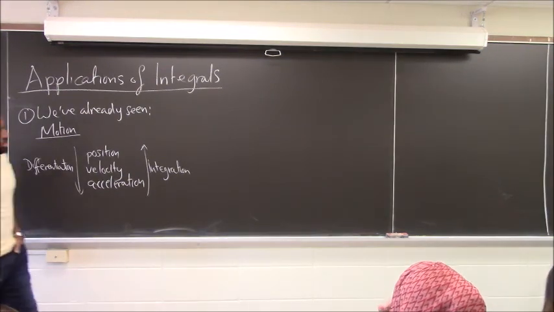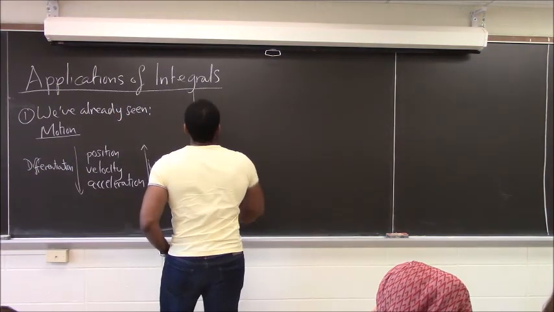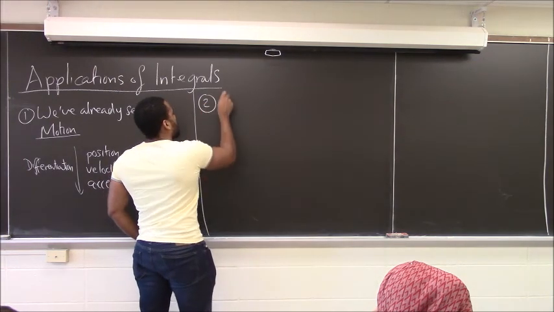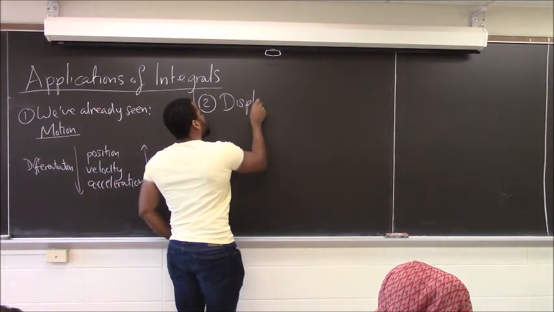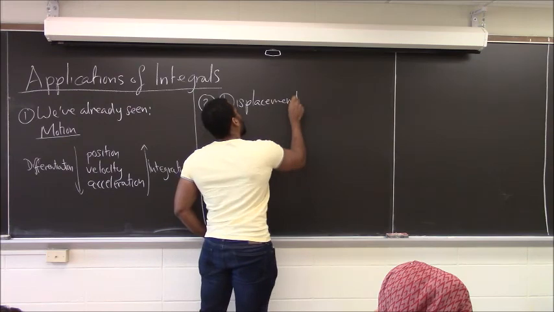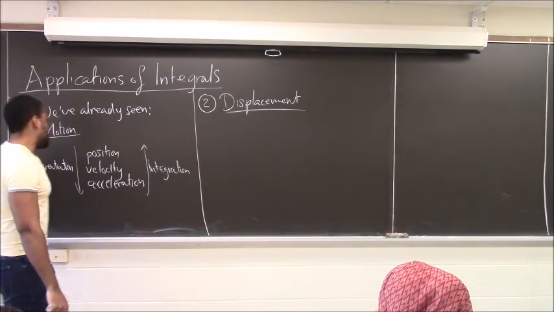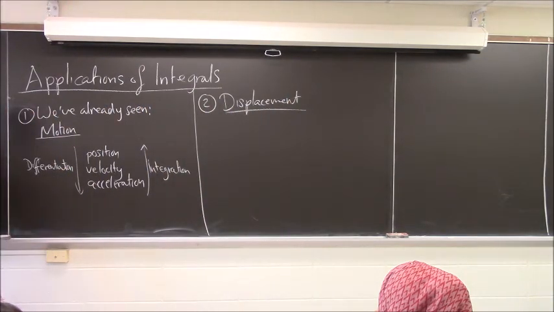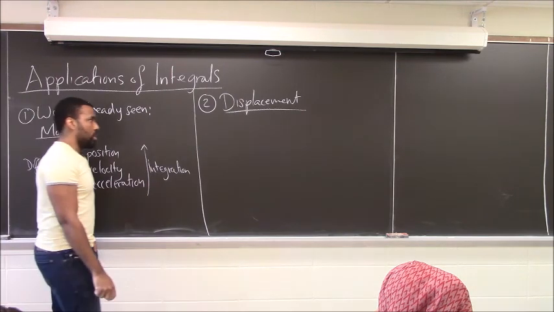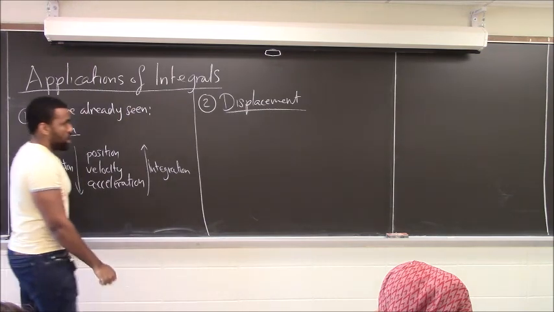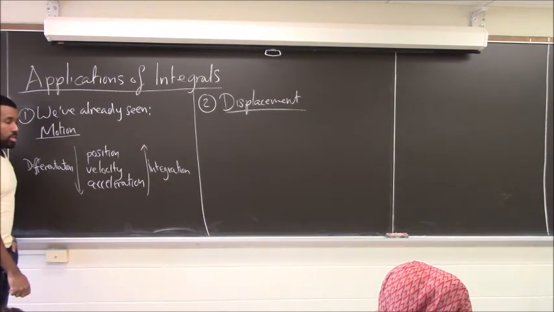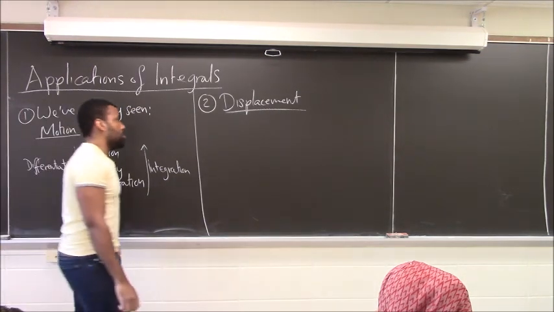Something closely related to this, though, would be displacement. This is, again, very closely related. Displacement is talking about one of our motivating examples where we realized that the area under the velocity graph could tell us about the distance traveled.